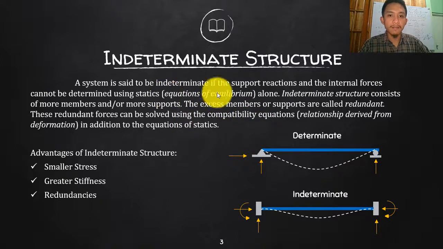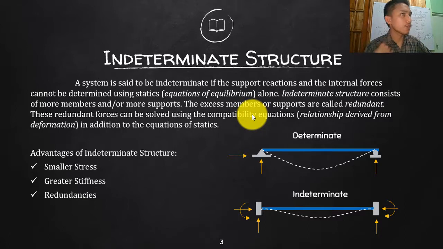Then the question is, what is that compatibility equation, and where will we get it? In your Theory 1, you also discussed the deformations of beams, frames and trusses: the moment area method, conjugate beam, and so on.